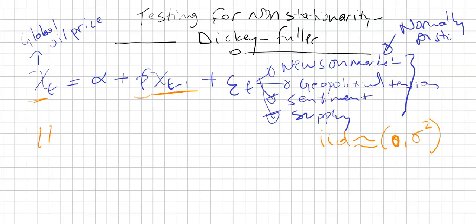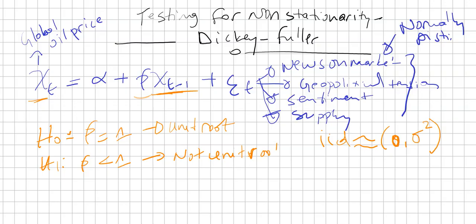Our H0 will say that rho should be equal to 1, and so our series will be suffering from a unit root. Conversely, the alternative is that rho is less than 1, with no unit root, which is stationary.